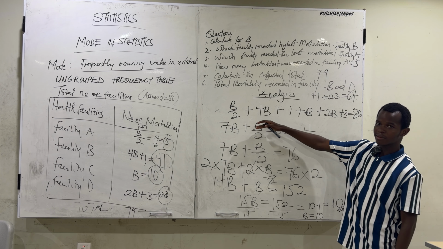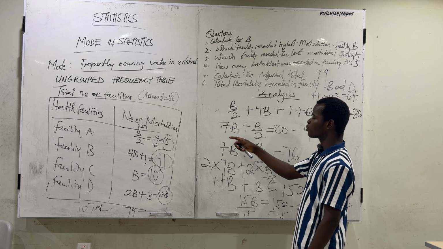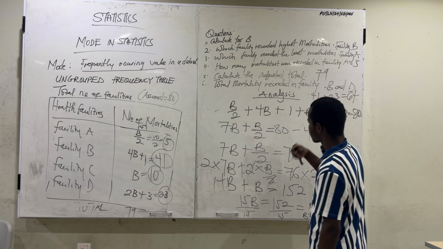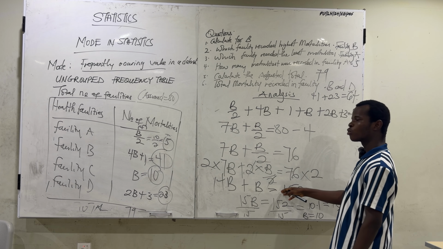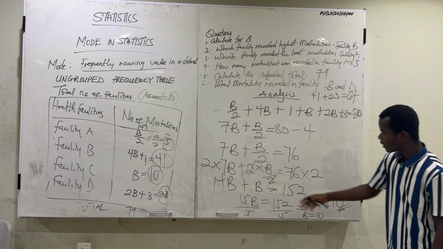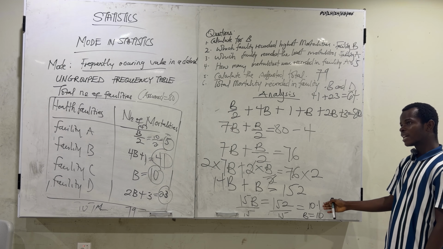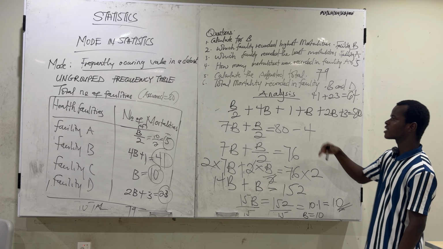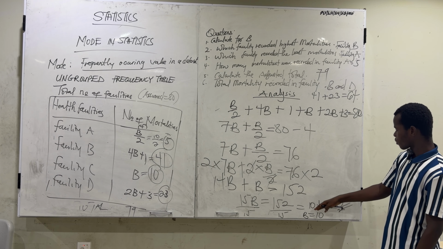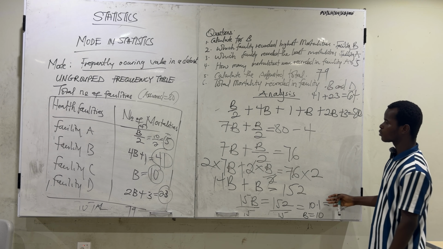When you group like terms, this is what you get. To eliminate the 2, we multiply through by 2, which we got 14b plus b, which is equal to 152. And then we divided both sides by 15, then we got 10.1. And frequency cannot be in decimals because it's discrete data. So we round it to a whole number, which we got 10.